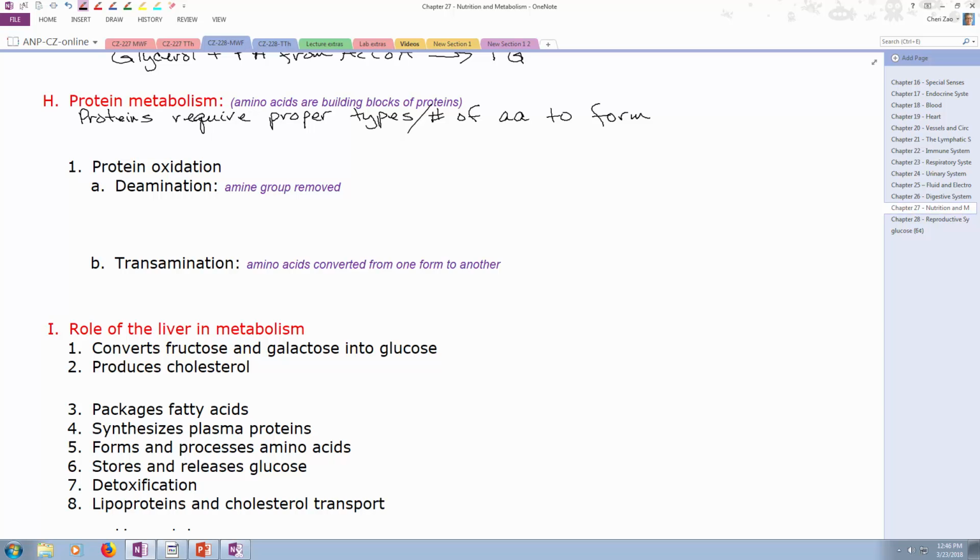And if we don't have the proper amino acids to make the proteins, then what we'll do is that we will oxidize our amino acids for energy. Excess or leftover.